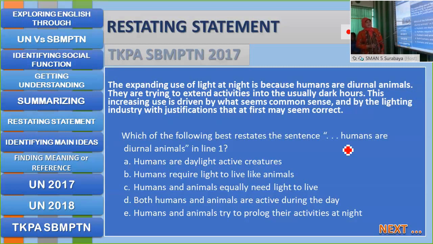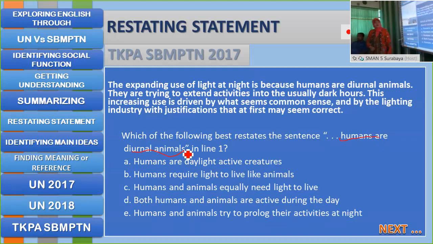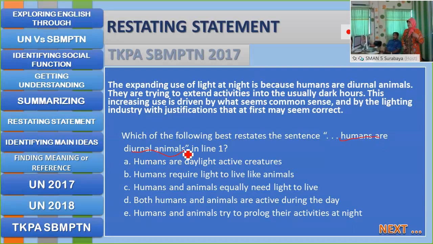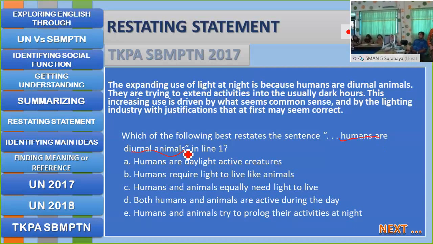And the text asks, which of the following best restates humans are diurnal animals? What do you mean by, do you think that you have a question? We are humans, but how can we be called animals?